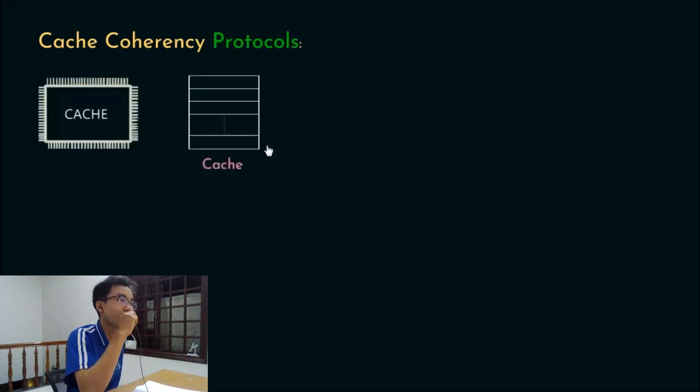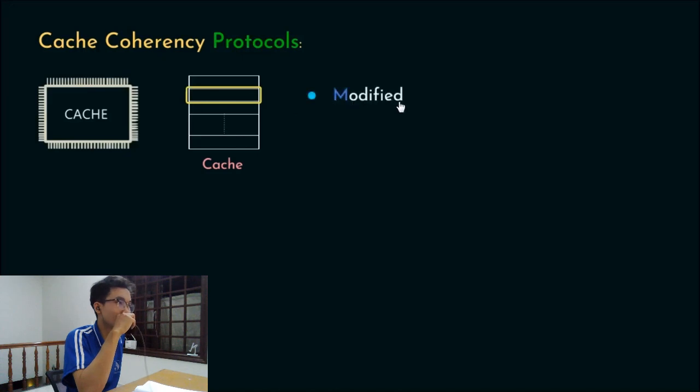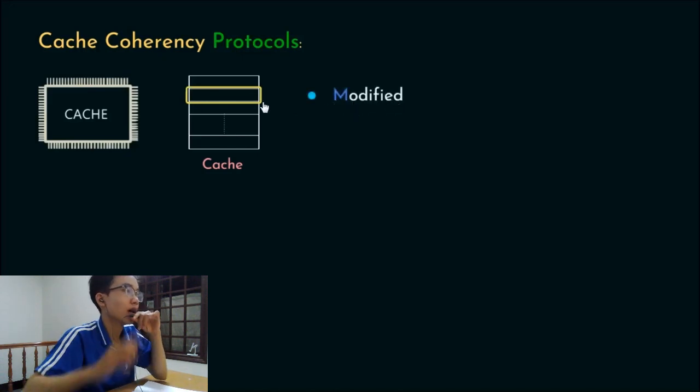For every cache block, we specify a state. One of the states is modified. When we specify that a particular line is in modified state, it means that particular line contains data modified by the processor, which is inconsistent with the main memory.